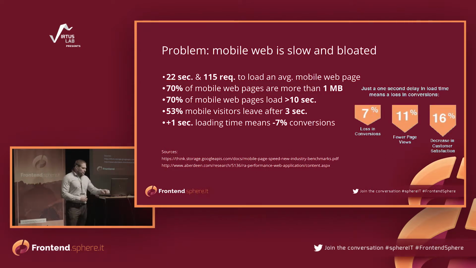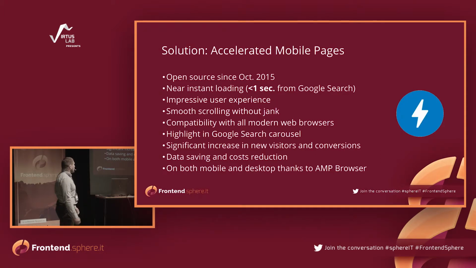So what's the solution? A solution which is maybe not the fastest there is, but enables a much faster web with very low effort. This is called Accelerated Mobile Pages, in short AMP.